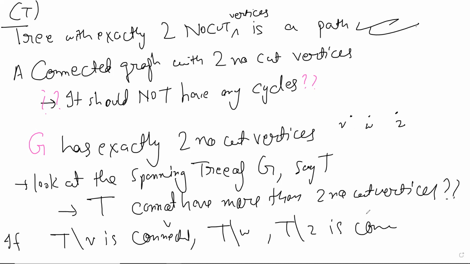G is a much bigger thing. Do you agree with this? If G has 2 no-cut vertices, then how can T have more than 2? Is it okay with everyone?